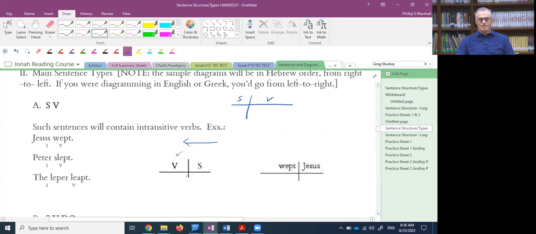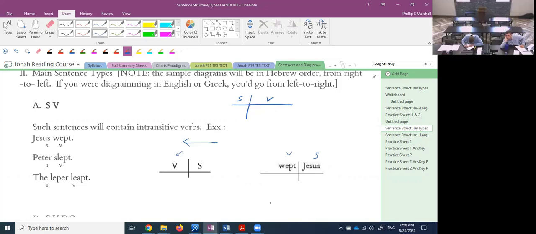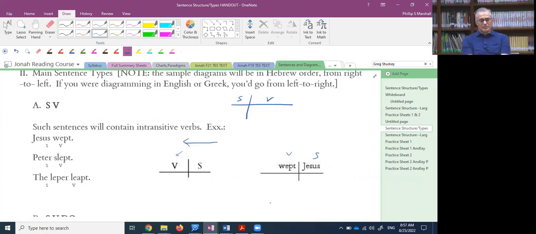Okay. And so if I were doing a Hebrew sentence, and I'm putting these English words in the Hebrew order just to exemplify that, Jesus first, and then wept is on the other side of that intersecting line there on the baseline. Now, what you're going to see here is that these are obligatory constituents in the sentence type, right?